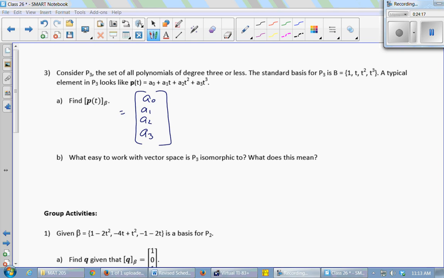All right, so this means that elements of P3 are isomorphic to elements of R4.